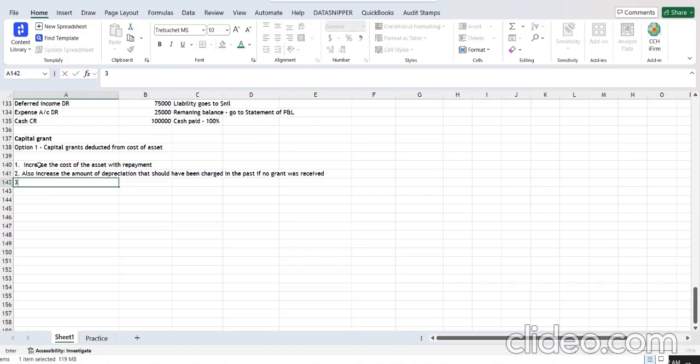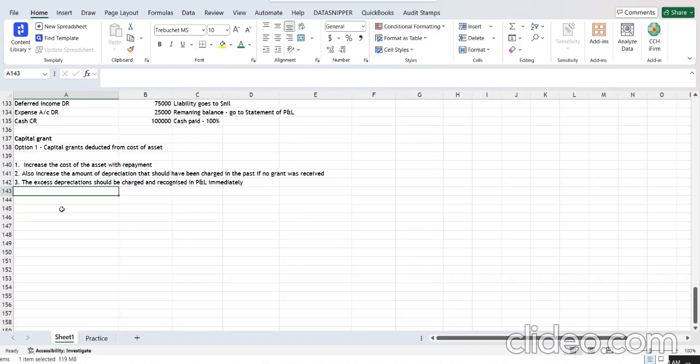And third step is the excess depreciation should be charged and recognized in P&L immediately, right?